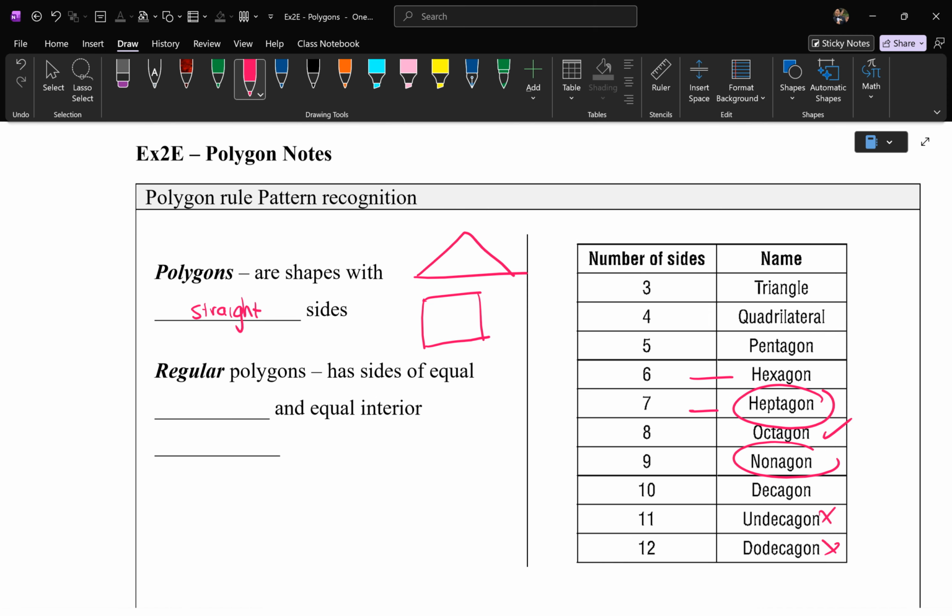Okay? What's the difference between just a polygon versus regular polygons? Well, they have the sides of equal length and equal interior angles. What does that mean? Here's a typical one. Hexagon. When I say hexagon, most of you are likely thinking of this shape. 1, 2, 3, 4, 5, 6.